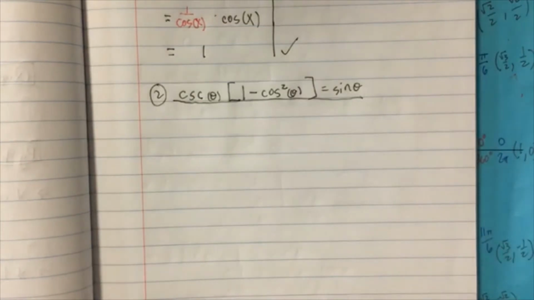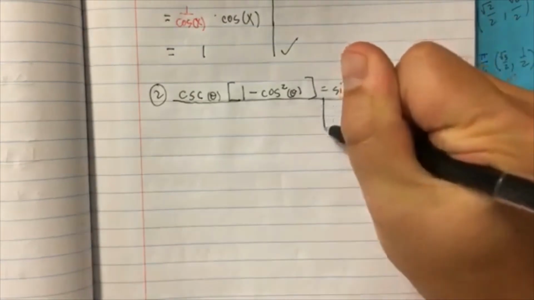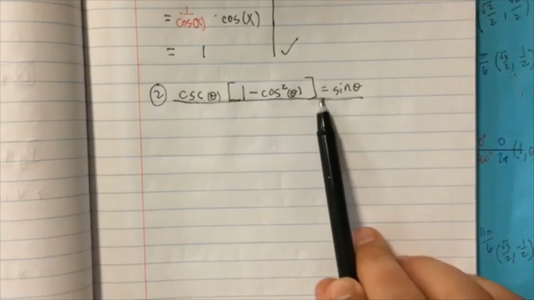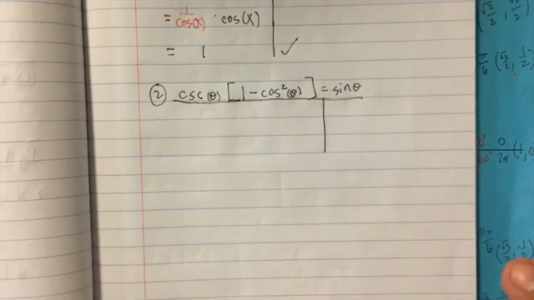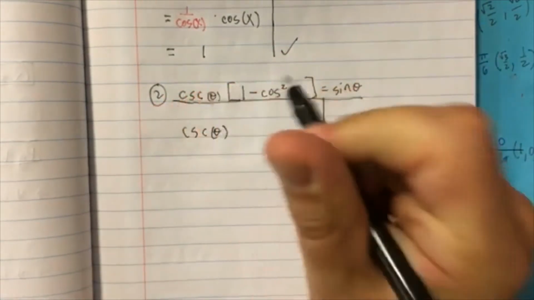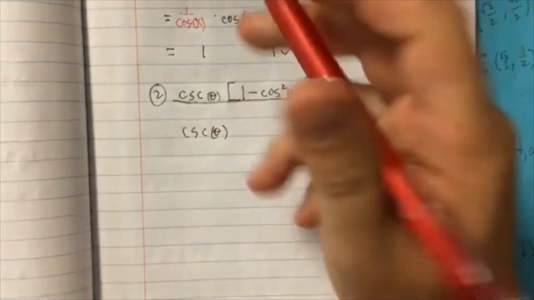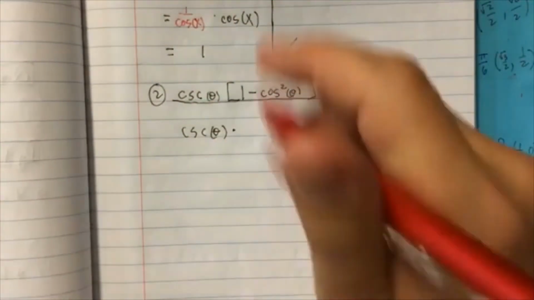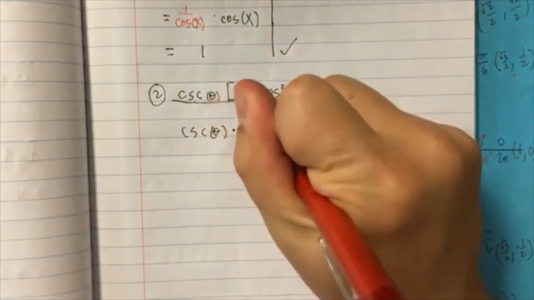Sine squared, yeah. So I'm just going to split down the middle of the equation so I make sure not to do anything to the right-hand side. And I'm going to rewrite this as cosecant theta times sine squared theta.